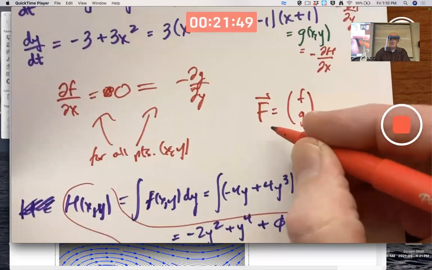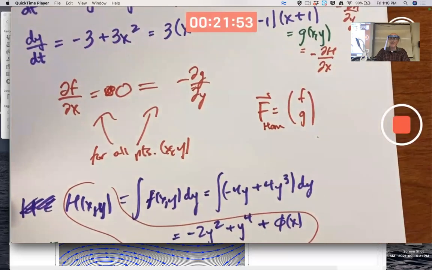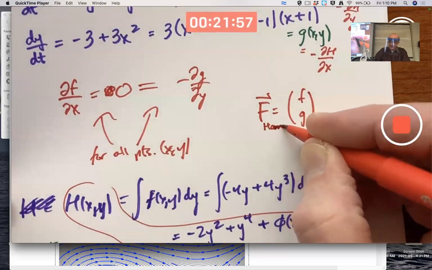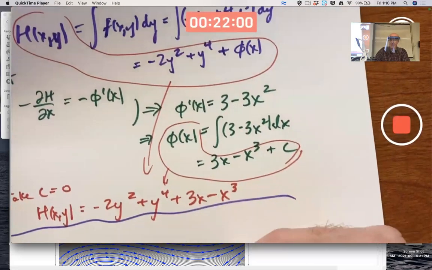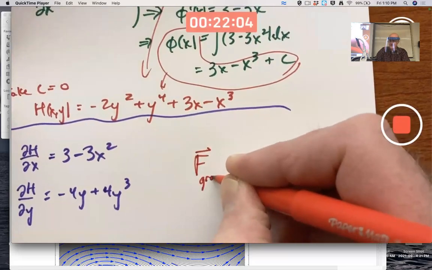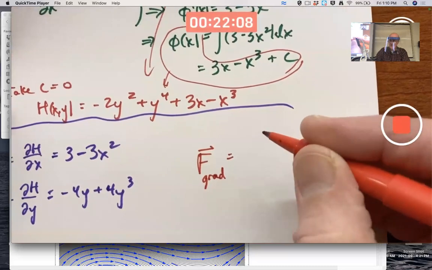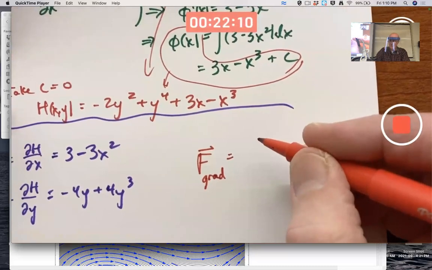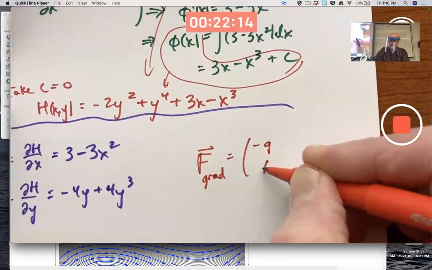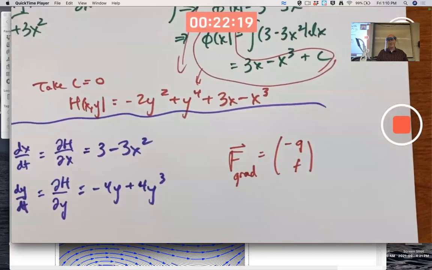Let me call this F sub ham, H-A-M, for Hamiltonian. The corresponding vector field down here, for a gradient system, F sub grad, say, if I use the same letters little f and little g as before, really becomes negative g, f.